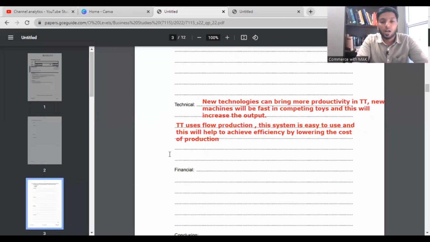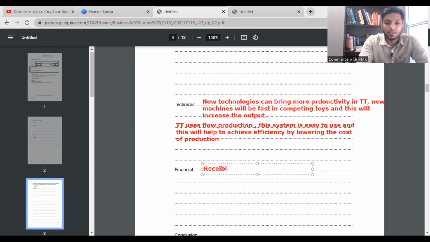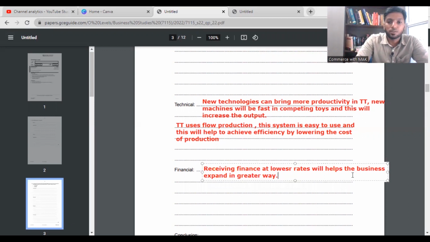So here we can say how finance is going to help us. If you achieve financial economies of scale, you can get loans at a lower rate. So receiving finance at the lowest rates will help the business to expand in a greater way. So when I say finance, it can be anything: ordinary shares or bank loan interest.